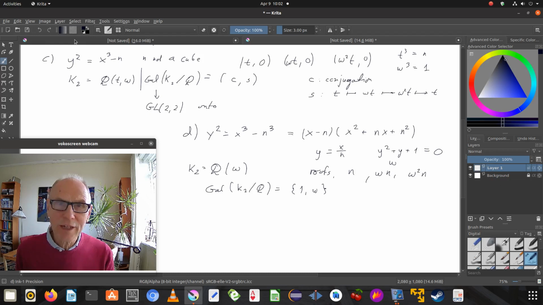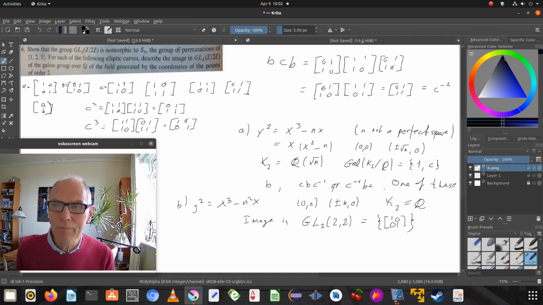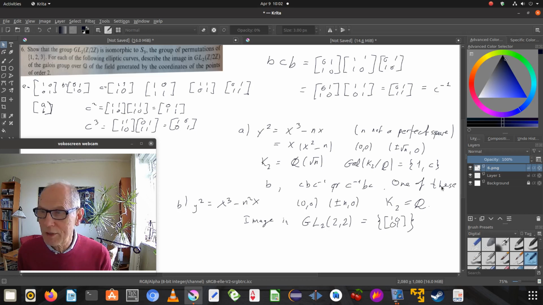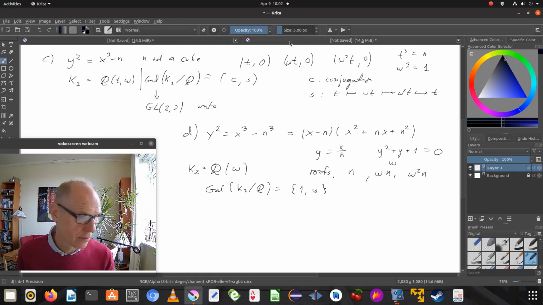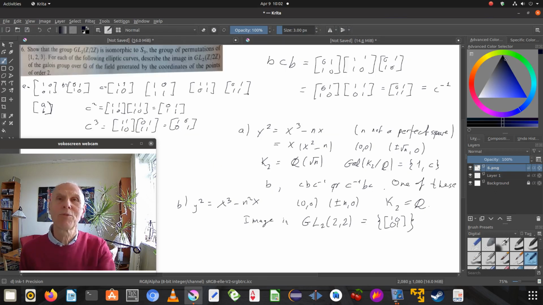And we had that already. That was A once again. So I claim that the image is the same as in part A. So, Saturday morning, problem 6 solved.